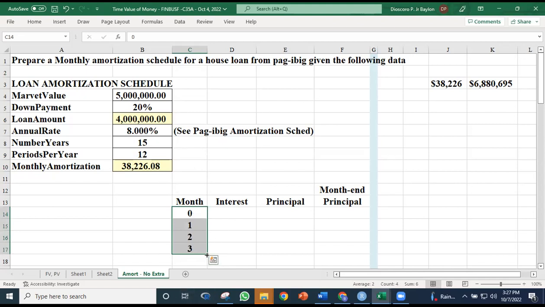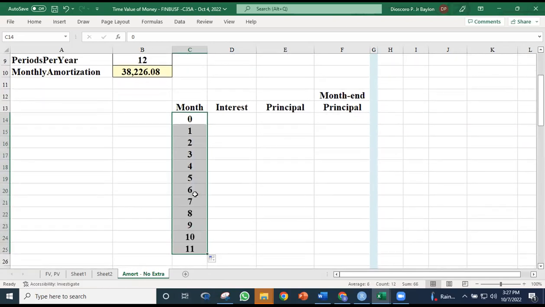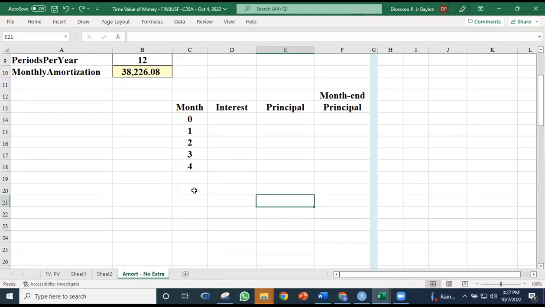You'll see that it will follow the pattern and write the consecutive numbers until 180. It's okay to do that if the data is short. But when we're writing a series, let's say 100,000, that will take long. So hindi siya maganda kung mahaba yung series natin.